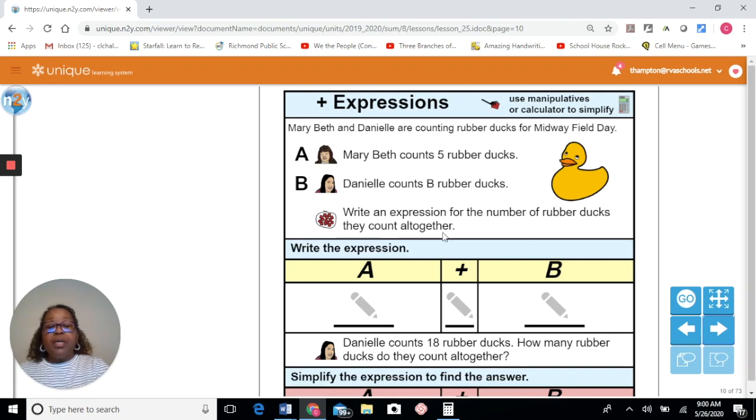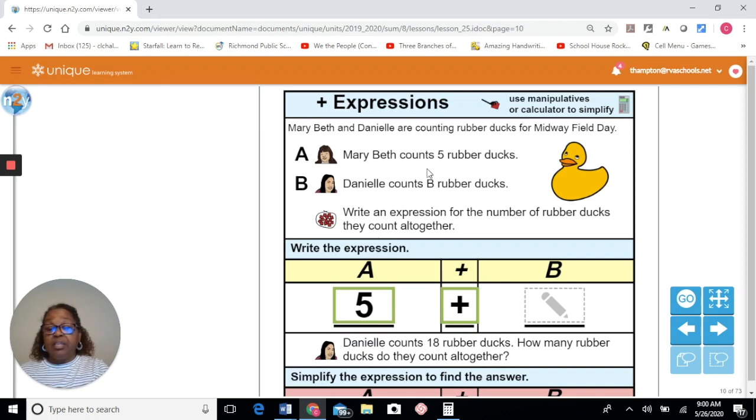All right, so let's see how that works. If we want to replace this variable with what A represents, 5, that Mary Beth counts, so let's put 5 in. And of course we have to put in our operation, which is addition. And now we have to figure out what is B. What number do we have for B?